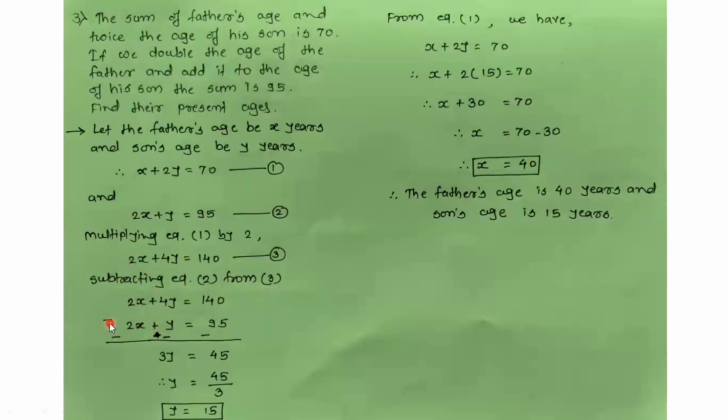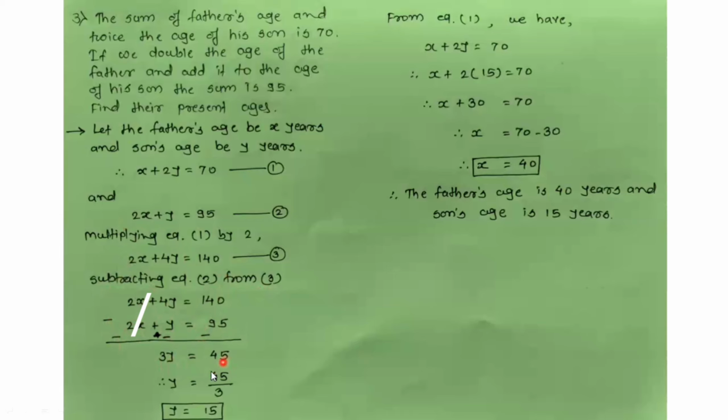As we are subtracting these equations, we have to change the sign of each term in the second equation. That is, plus 2x will become minus 2x, plus y will become minus y, and plus 95 will become minus 95. Here plus 2x minus 2x will get cancelled, and 4y minus y will be 3y, that is equal to 45.